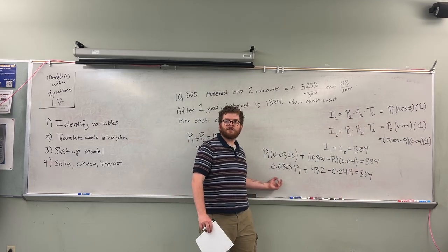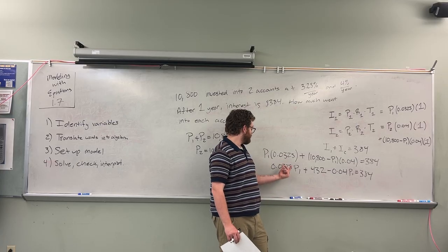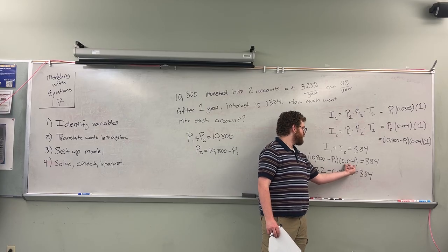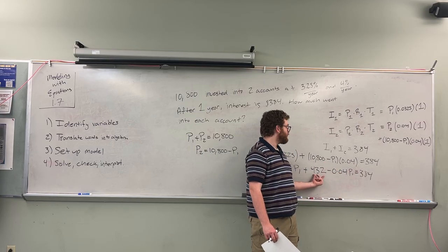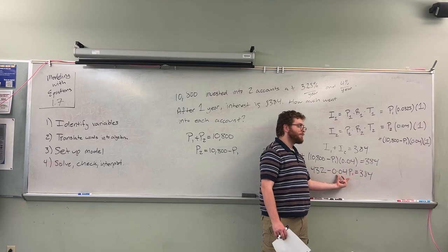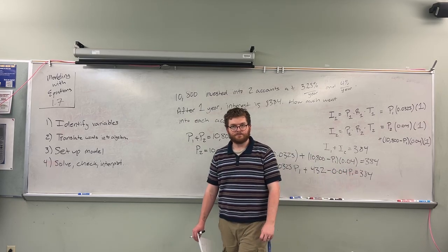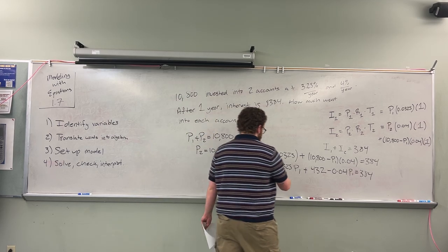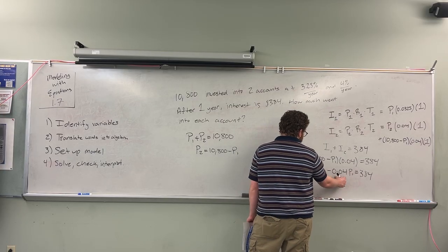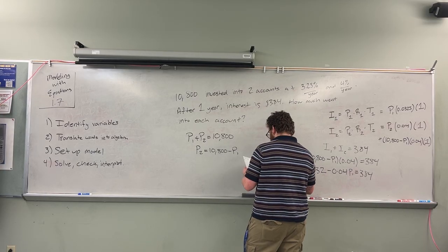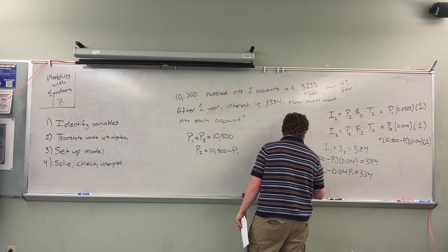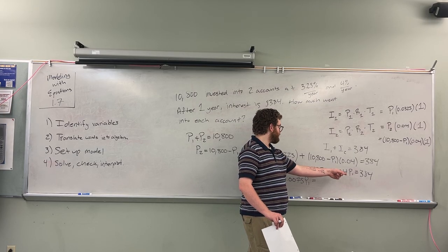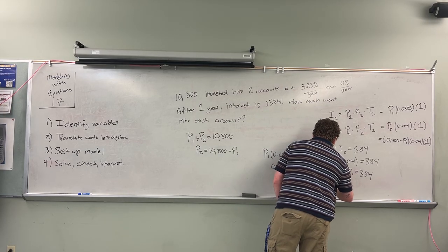So all I've done is I've expanded doing this multiplication here. This is 0.0325 P1, pretty straightforward. In a calculator, I would type 10,800 times 0.04, which would give me 432, minus 0.04 P1, and it's still equal to 384. I then just combine like terms. 0.0325 minus 0.04 is negative 0.0075 P1 equals, subtract the 432 to the other side, and I get negative 48.